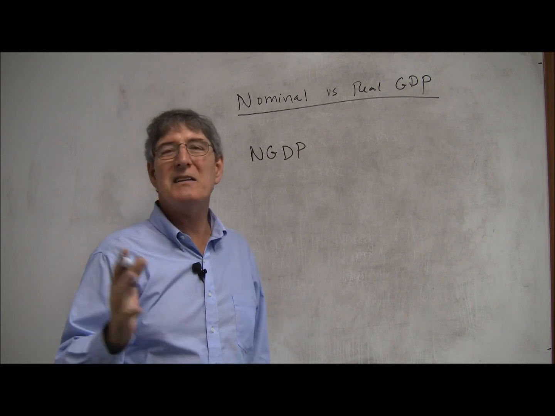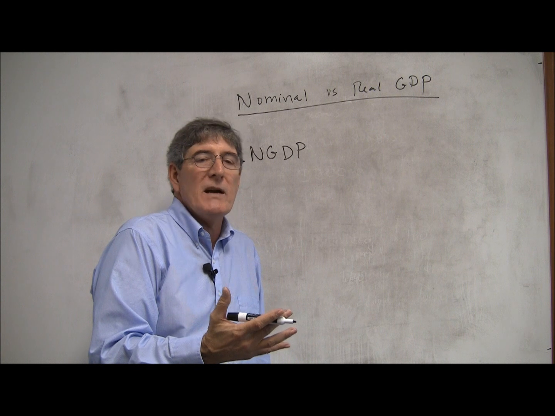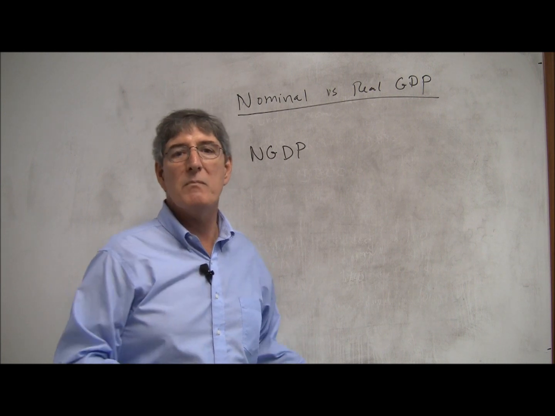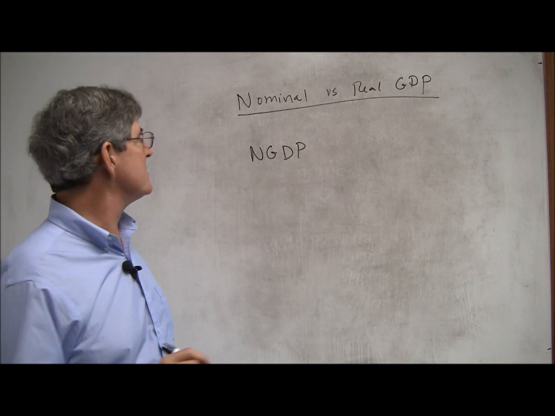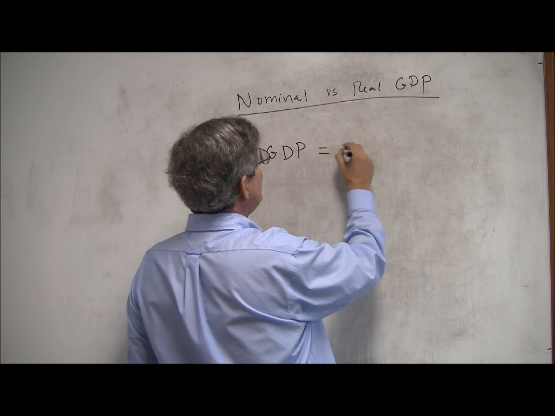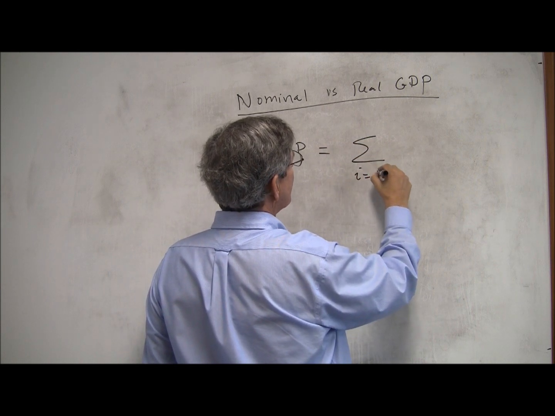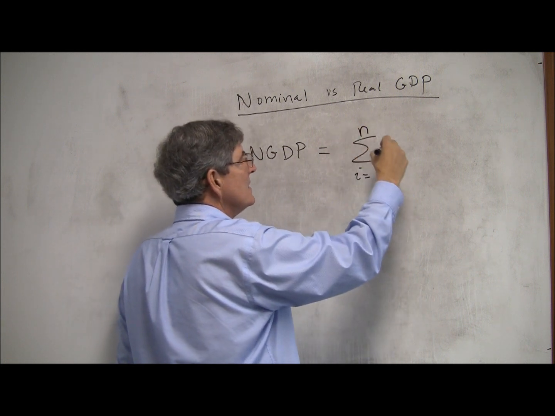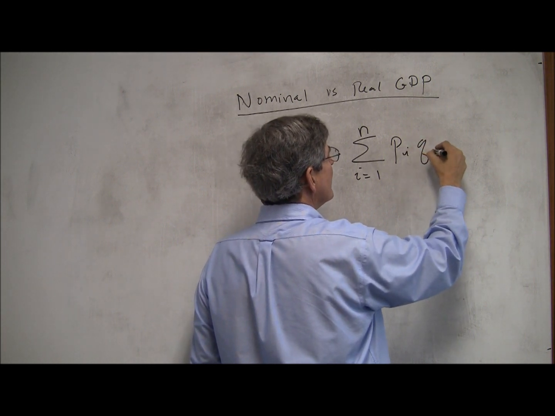Suppose there's n different goods and services in the economy. So, one is razor blades, and one is eggs, and one is cars, and one is brooms, and all the possible goods and services. Nominal GDP is just the sum over all of those n goods, from i equals 1 to n, of the price of the goods times the quantity of the goods.